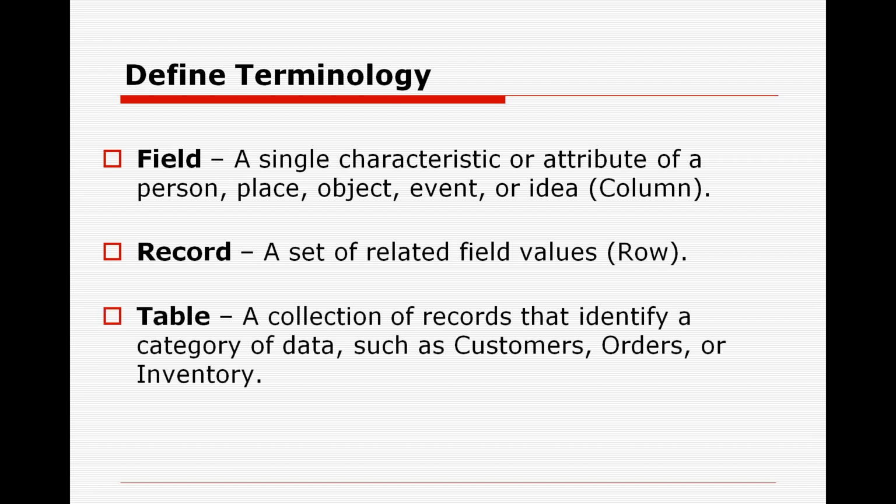So then table, a collection of records that identify a category of data, such as customers, orders, inventory, students, employees, whatever the category. Now you know a record is a data row in a table, so a collection of those records or rows is a table.